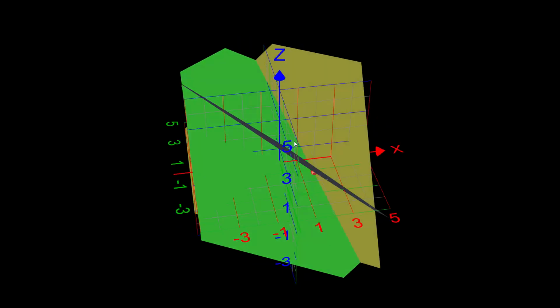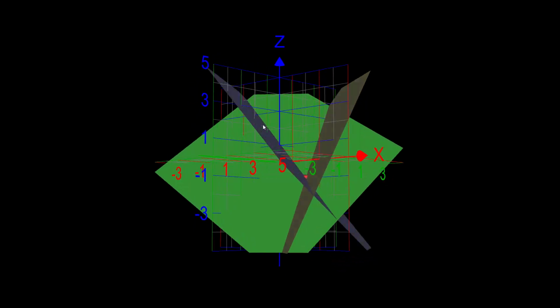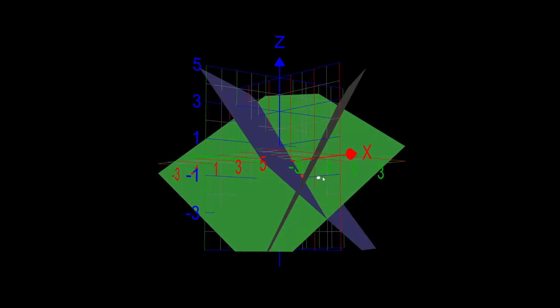And then if we change perspectives, you can see that it sure looks like z equals -1. So this intersection point is at 2, 0, -1. And in fact, geometrically, that's what a solution to a system of three equations, three unknowns looks like. It's an intersection point in space this time.